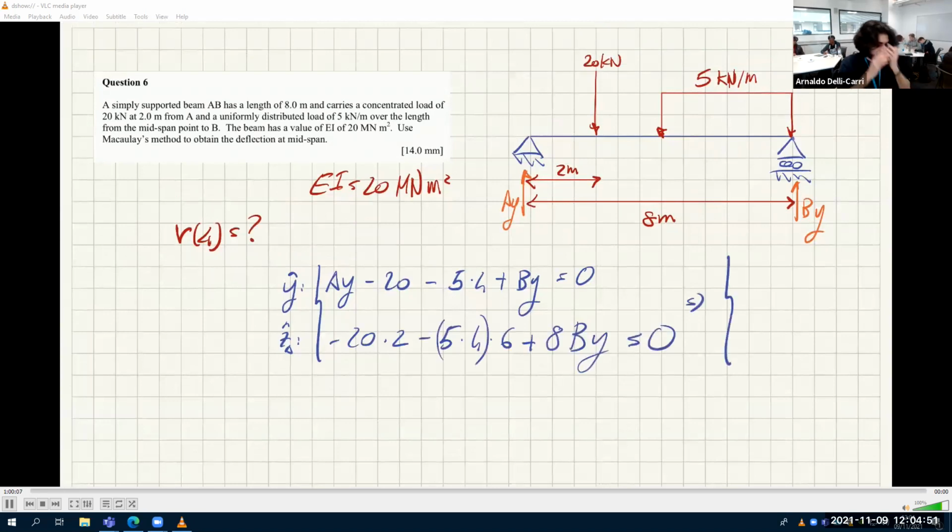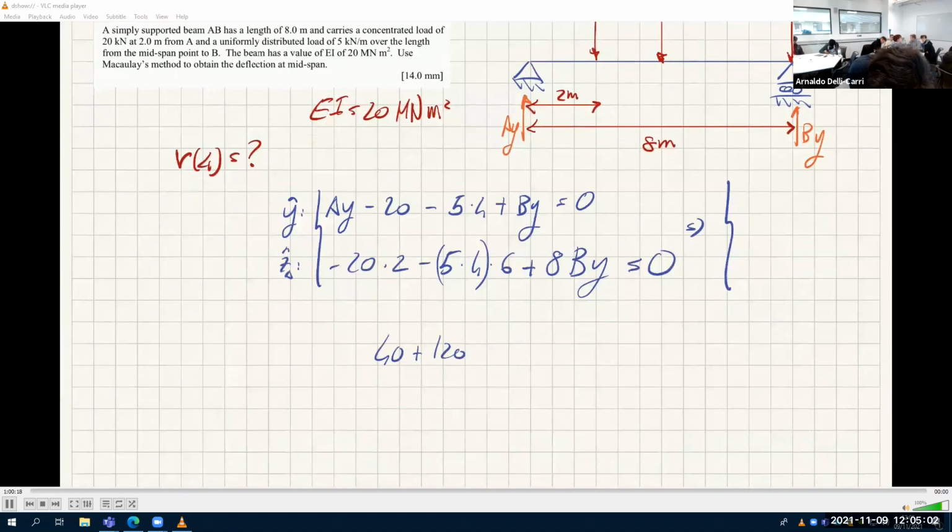So can you please tell me how much is BY and how much is AY? BY is 40 plus 120, it's 160 divided by 8, which is 20. So BY is 20. Do you agree with me?